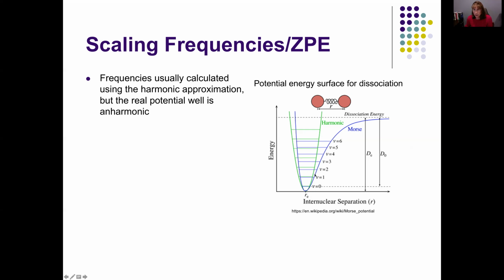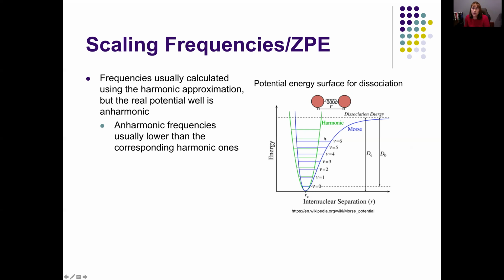And so this blue curve is anharmonic, and you can see that it spreads out. It's a bit wider, really, than the harmonic. And so when we calculate the anharmonic frequencies, such as this v equals 2 one shown here, they're usually lower than the corresponding harmonic frequencies. So those anharmonic frequencies are lower.